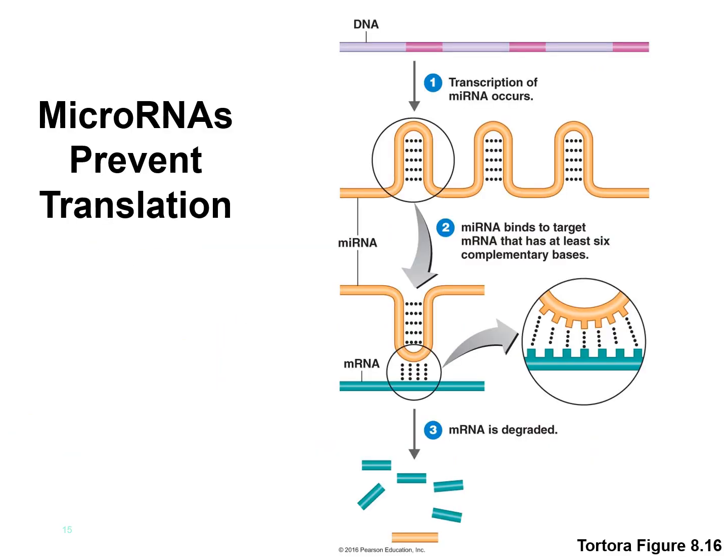So let's say that this green messenger RNA is the messenger RNA your cell's already made, and then the cell decides, hey, wait a minute, we actually don't want to translate this and make the proteins. So to block translation, you will actually transcribe these microRNA genes, and then the microRNA has a sequence that will line up with that messenger RNA that you decide that, hey, we don't want to translate that.